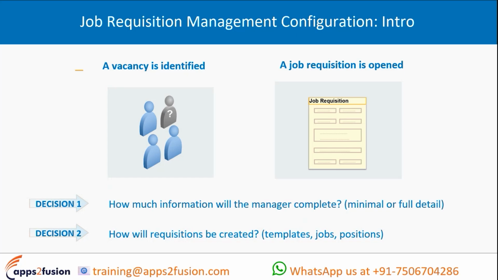All those decisions can be taken while managing the job requisition. And how will the requisitions be created? Whether we will be using the job requisition standalone template, referencing a job, or creating the requisition using a position, all that is covered by decision two.